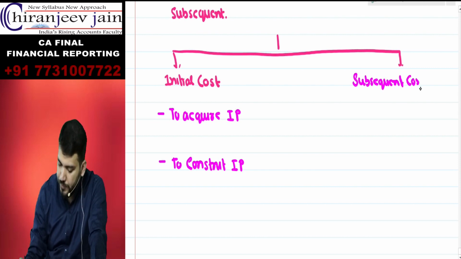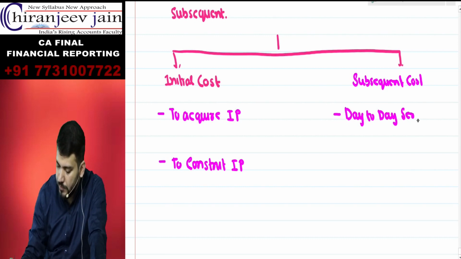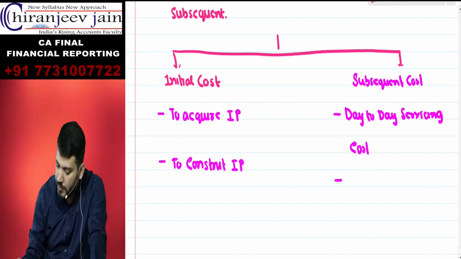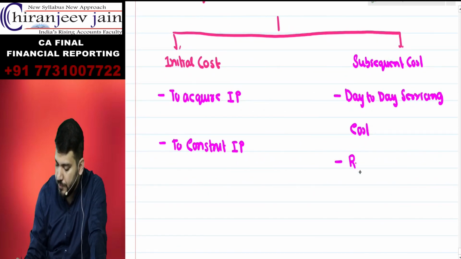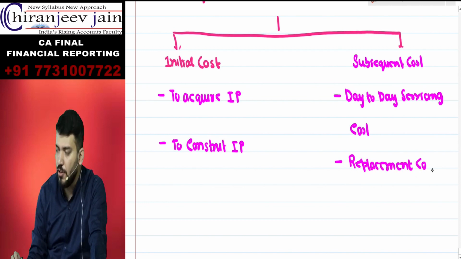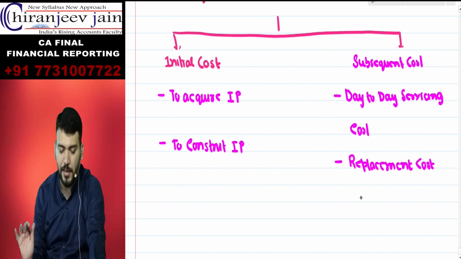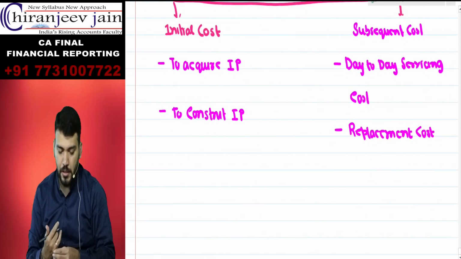And when we call subsequent cost, it can be incurred for day-to-day servicing cost, correct na? And second is what? Replacement cost. One more point we have done, inspection cost, but in investment property there will be no inspection cost, hence I am not writing. Okay?